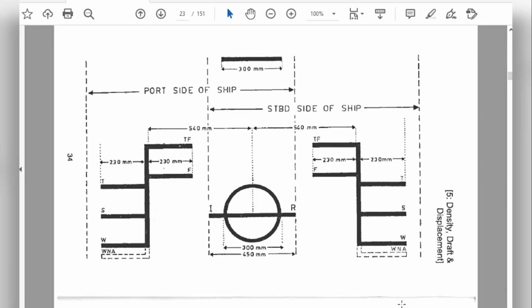So how much should I load basically at Haldia? More than above F? Can I go more than F? Am I allowed? No, sir. So how do I do the loading? I will load summer plus the consumption plus the dock water allowance or freshwater allowance, whatever be the case. And that is the amount that I load to.